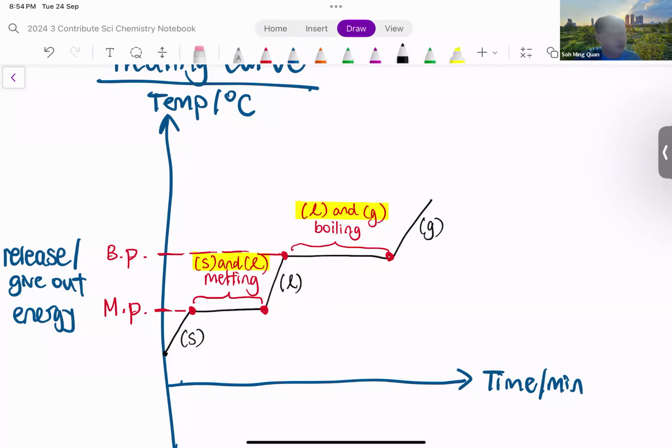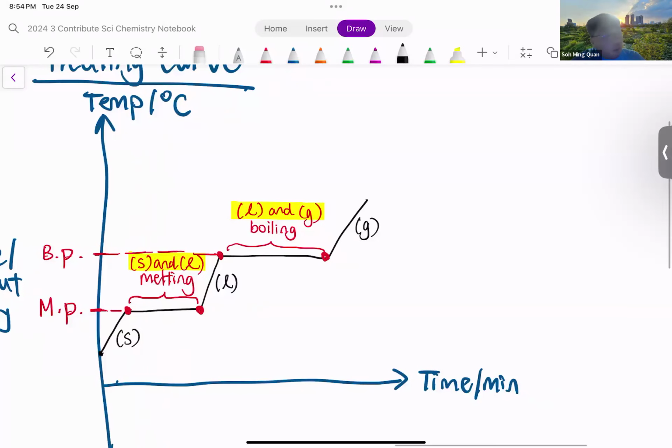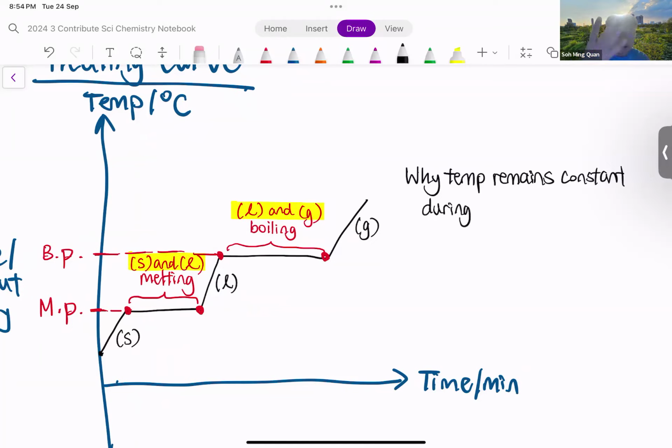And finally, we need to know why temperature remains constant. You notice that the graph is flat. If the graph is flat, that means the temperature remains constant. And it remains constant during melting, boiling. These are change of state. It is changing from the solid to the liquid state, from the liquid to the gaseous state.